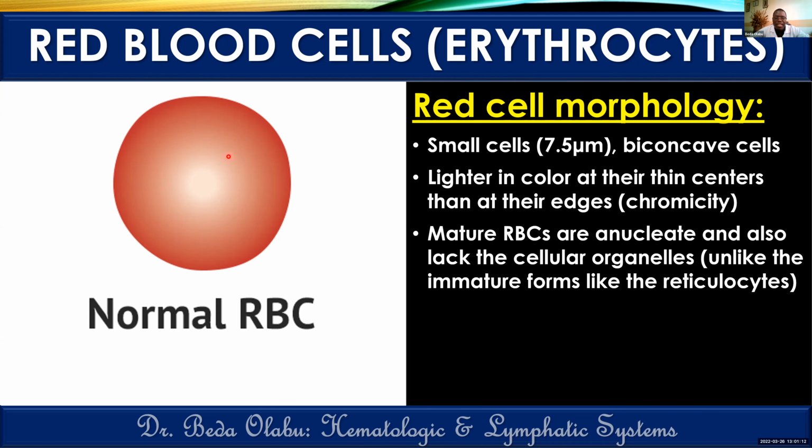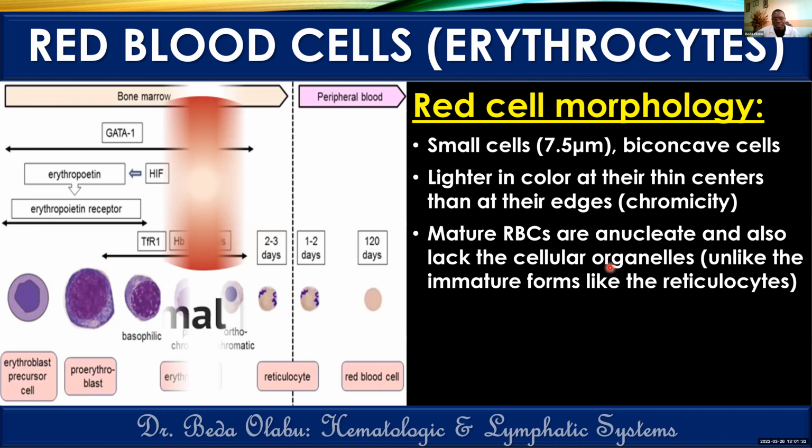The mature red blood cells usually lack a nucleus, and they also lack the other cellular organelles. This is compared to the immature ones. The immature ones may not have completely lost their organelles or the nucleus.